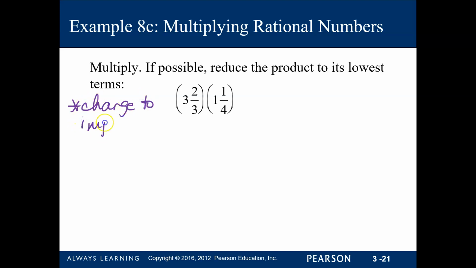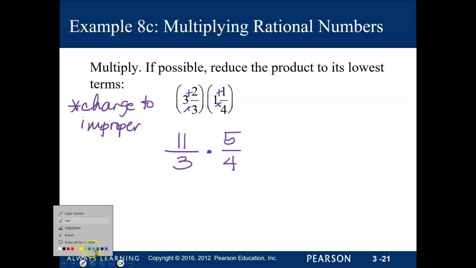Change to improper. That's the first thing to do. So if we are changing this to improper, this would be 3 times 3, which is 9, plus 2. This is going to be 11 over 3. The other fraction is 4 times 1 is 4, plus 1. So that's going to be 5 over 4.